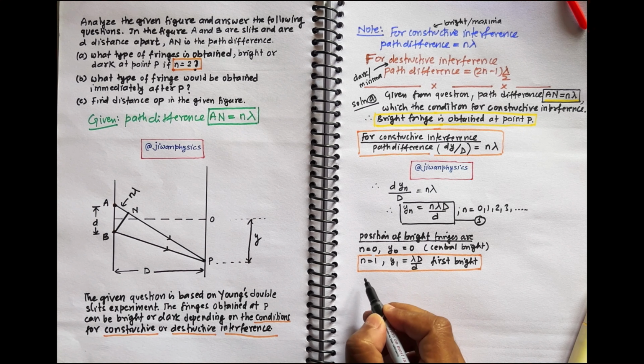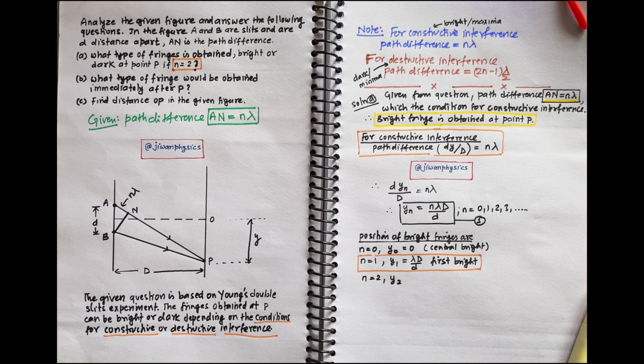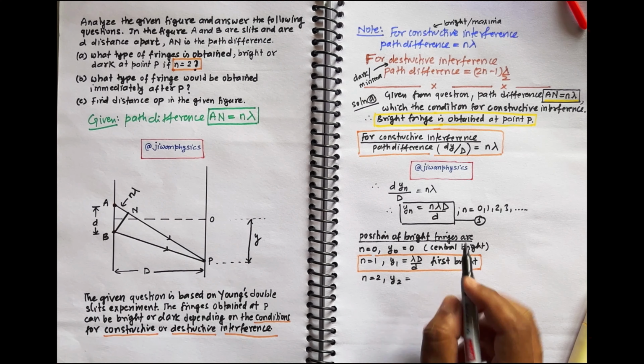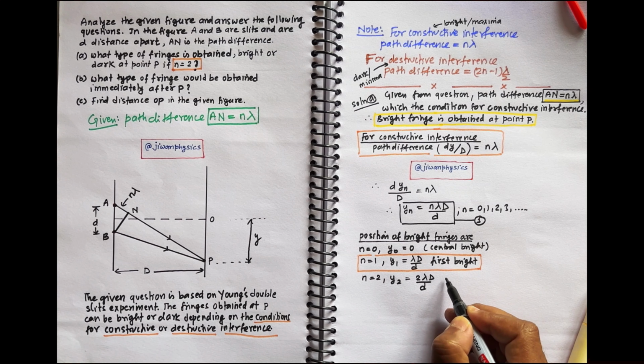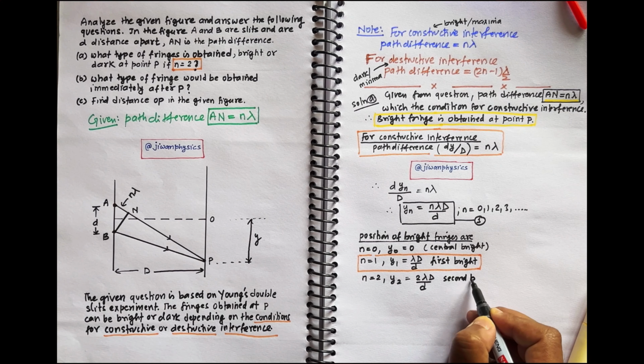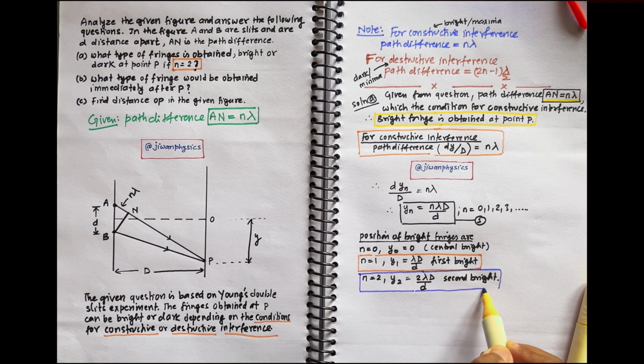So for n equals 2, we have y2. So this equals, from this equation, 2 times lambda D by small d. So this is the second bright. Okay, this is the second bright. So I'm simply putting this in a box.